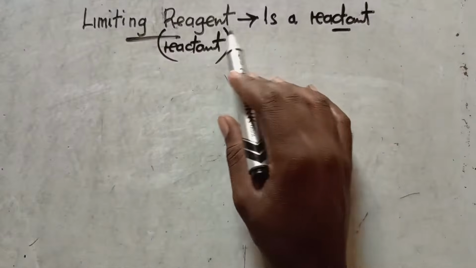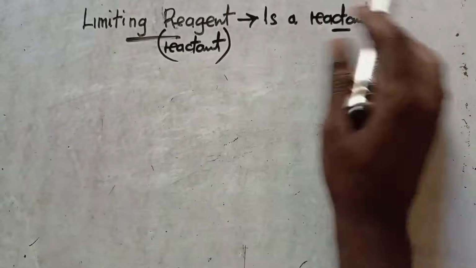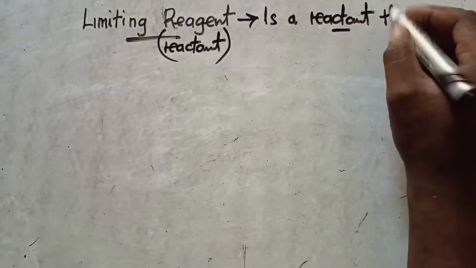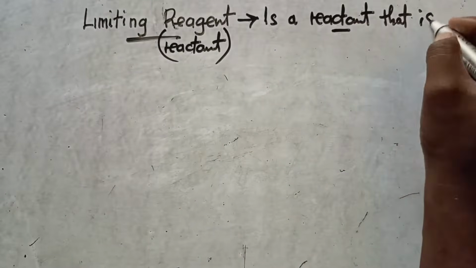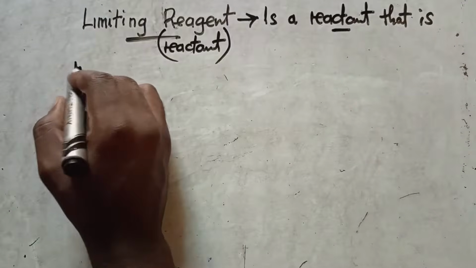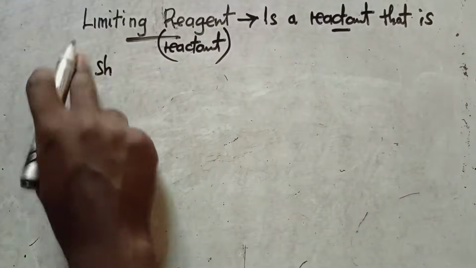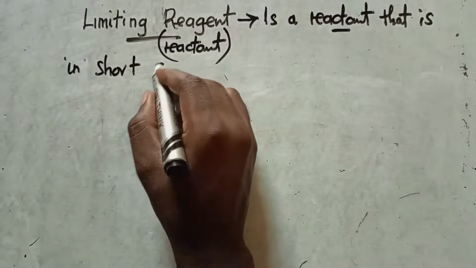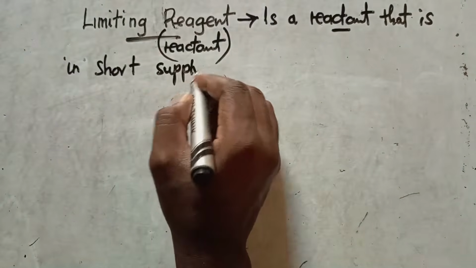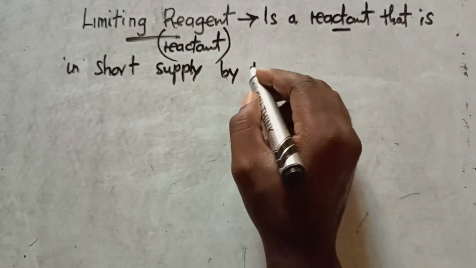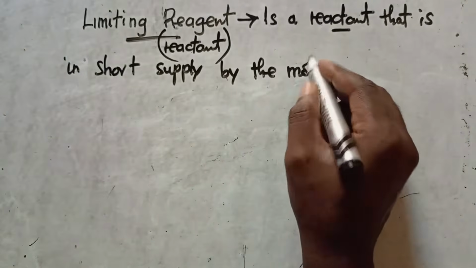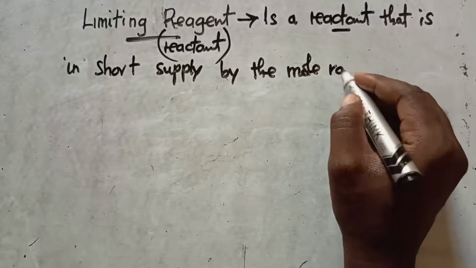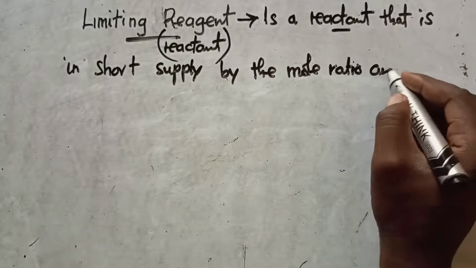So a limiting reagent or a limiting reactant is a reactant that is in short supply. That is in what? That is in short supply by the mole ratio. By the mole ratio.